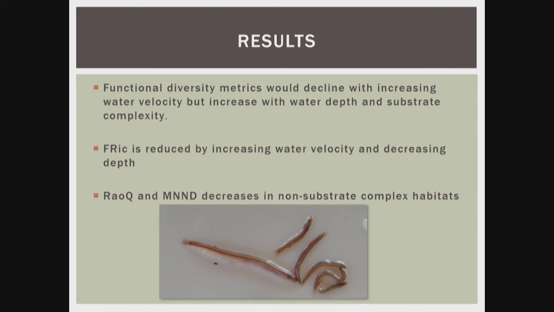On depth, this may be due to the size of the species. As you get shallower, you're not going to have bigger species, maybe because predators are forcing some morphotypes out. I also saw with structural complexity that two of my other functional metrics decreased in non-structural habitats.